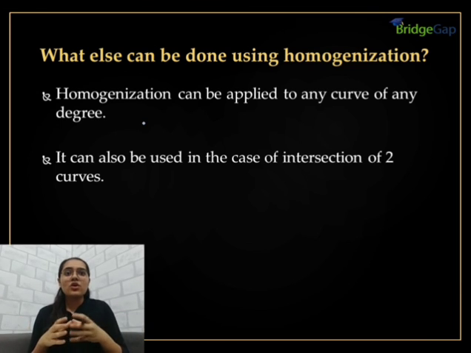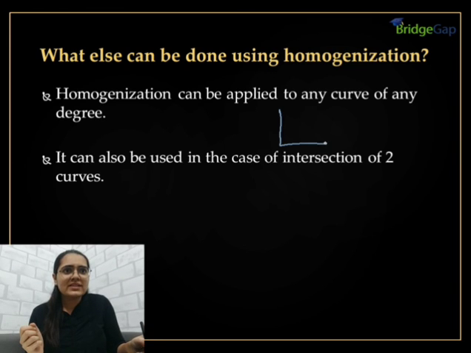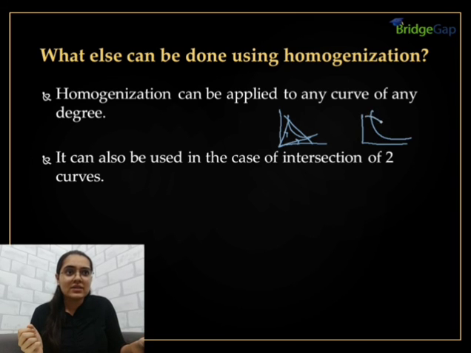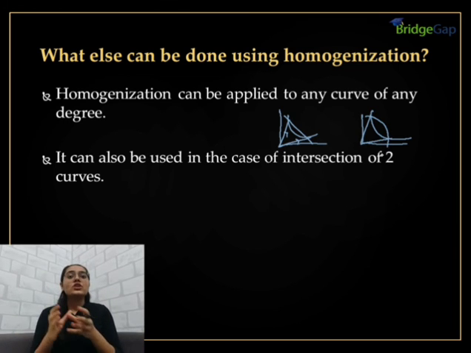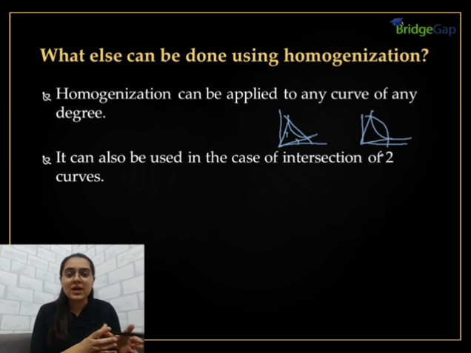Second point is, it can also be used in the case of intersection of two curves. What does that mean? All the cases that we did here were like there is a curve and then a line intersecting it, and then we used to find the equation of these two lines, right? But if it's a case of two curves like this, you can again use this homogenization method to solve this problem.